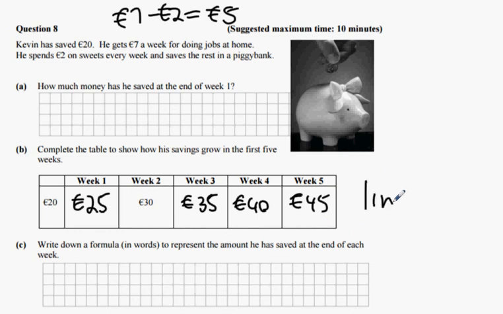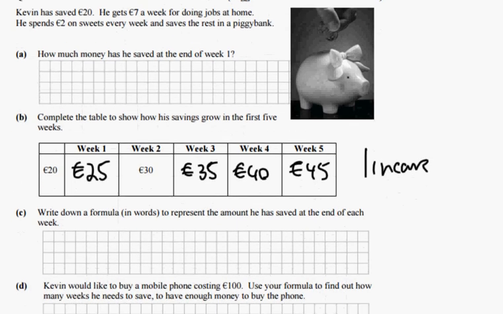Linear. Okay. Now write down a formula in words to represent the amount he has saved, how much in total he has saved at the end of each week. I'm interpreting the words 'he has saved' as meaning the total money he has in his bank at that point in time. Would you agree with that?